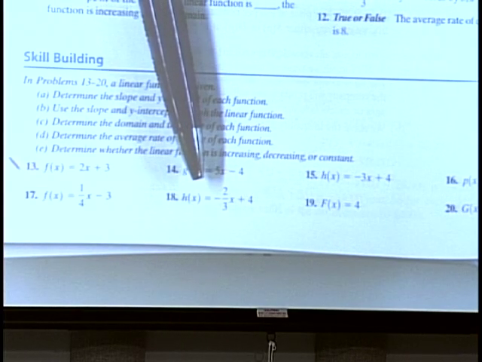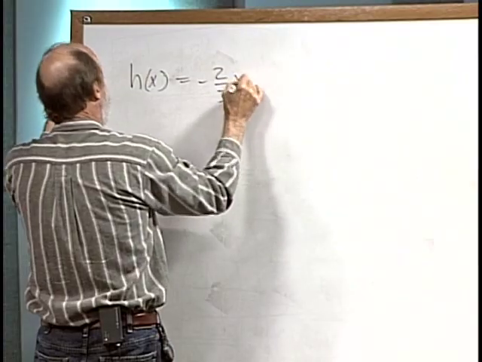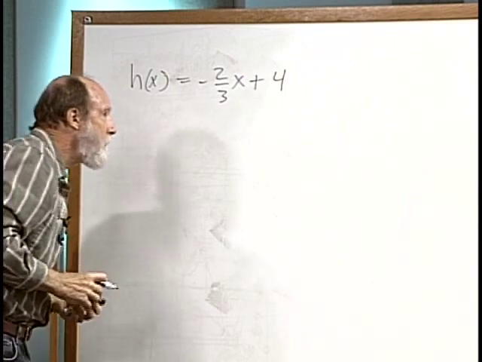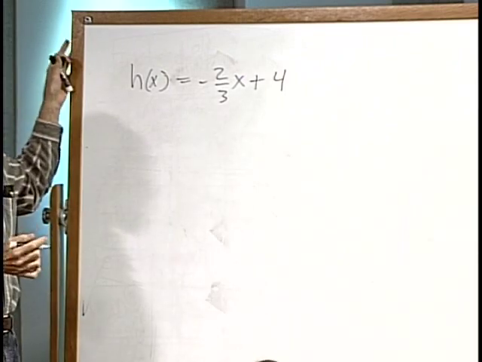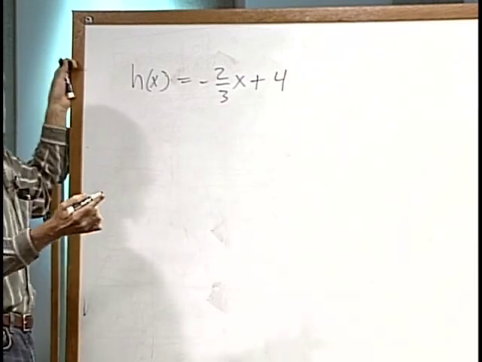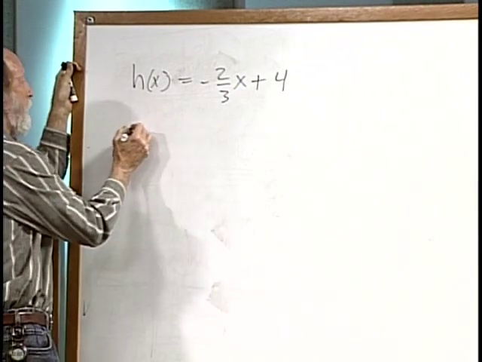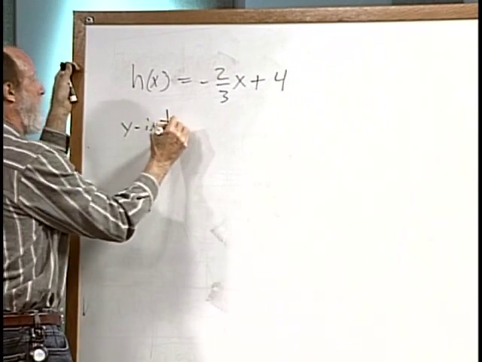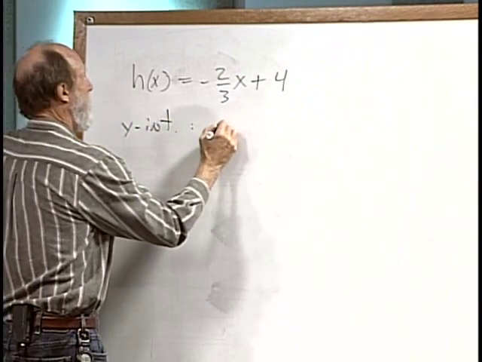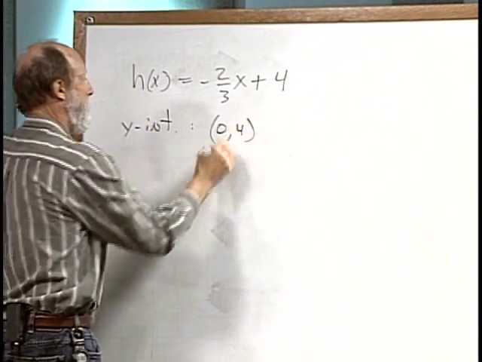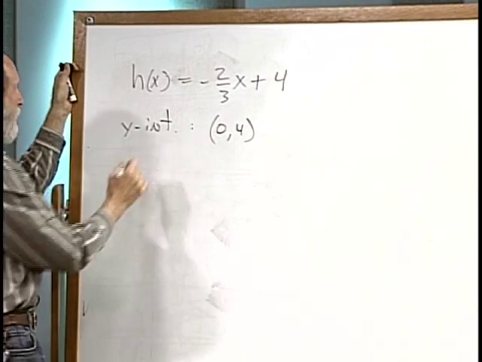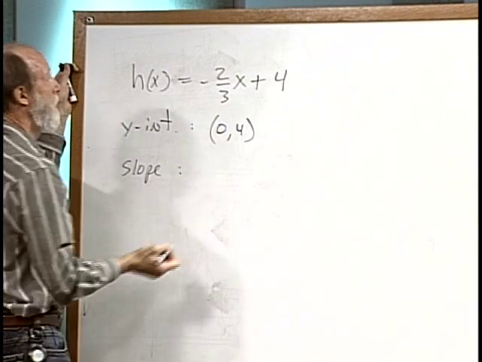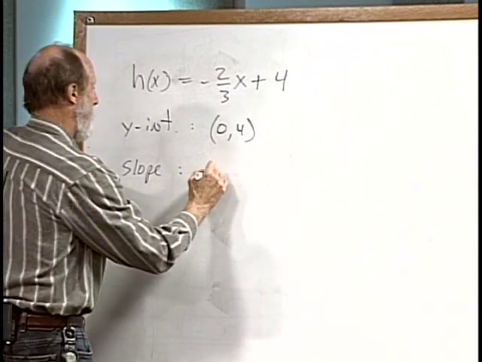Okay? Very clearly, the y-intercept is what? The y-intercept is the point (0, 4), right? Easy. The slope is -2/3.